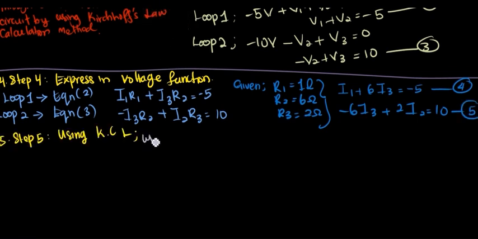Move to the next step, step 5, using KCL, where I1 equals I2 plus I3, equation 1.